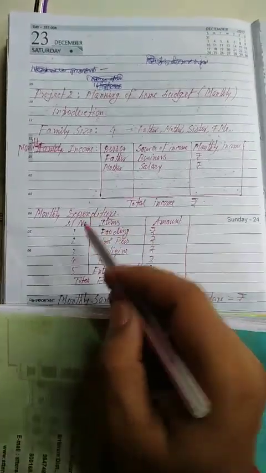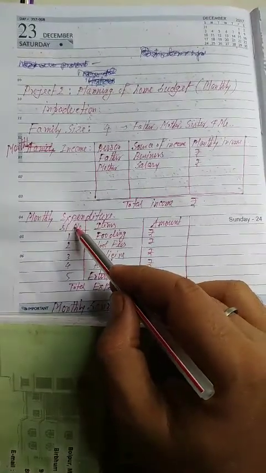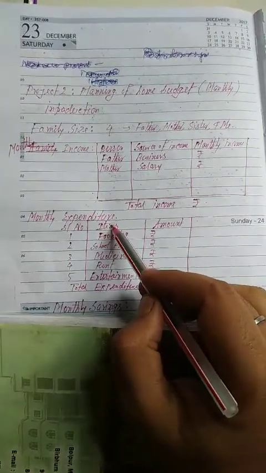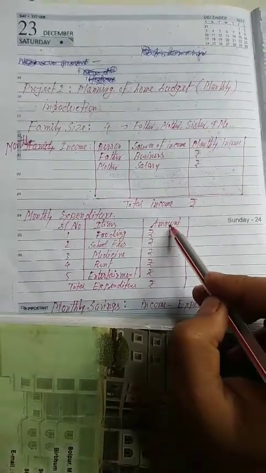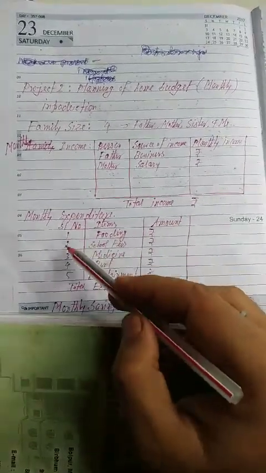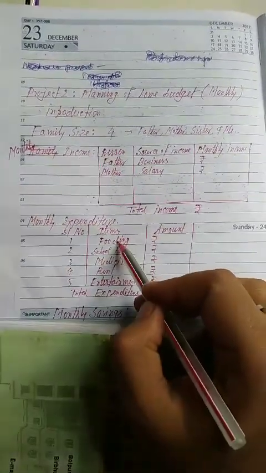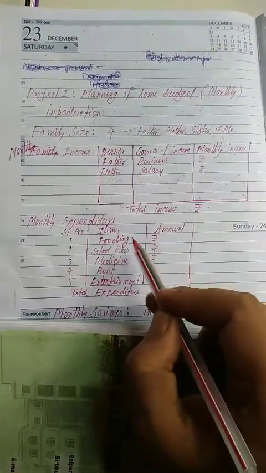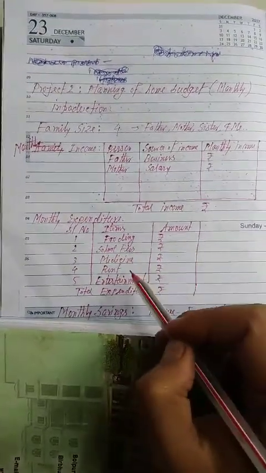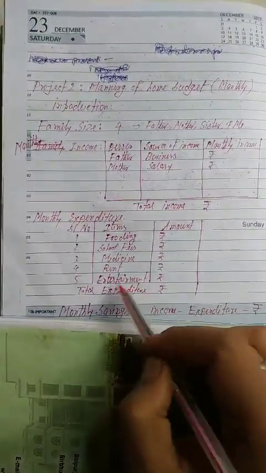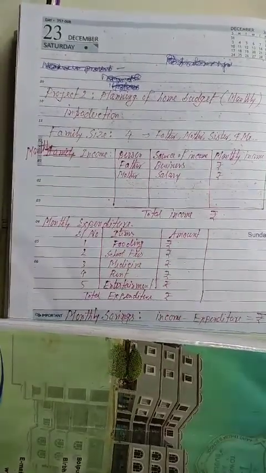So for monthly expenditure, here also you have to make a big chart. One column is for serial number, second is the item of expenditure, and third is the expenditure amount. So serial number 1, 2, 3, 4, 5, however many areas are there. Suppose food, school fees, medicine, rent, entertainment, so many; not only 5, you can make 10, you can make 12.